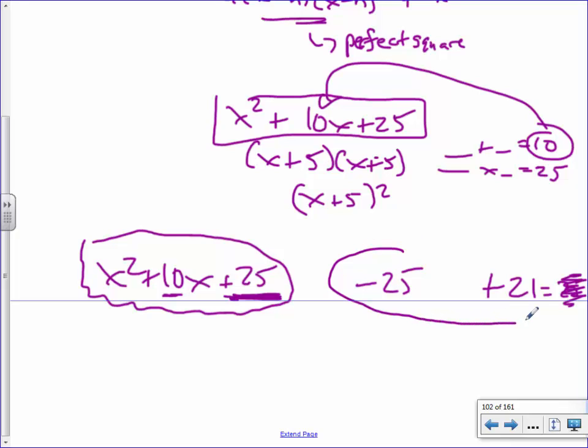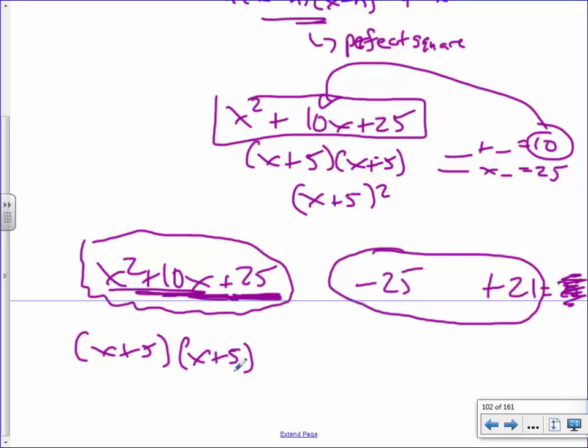Now what we have is two different halves to our equation. This little bit right here should be a perfect square trinomial because you made it that way. You should be able to write it as x plus 5, which really means x plus 5 squared. We now know that the inside value for the x value is 5.